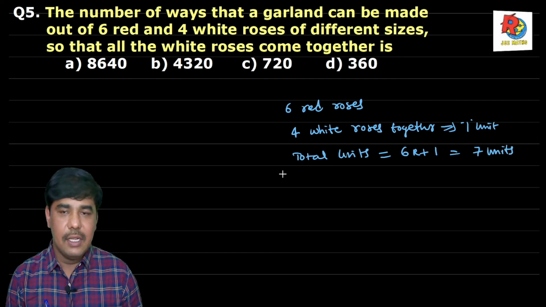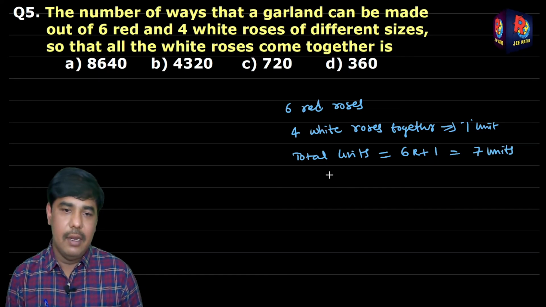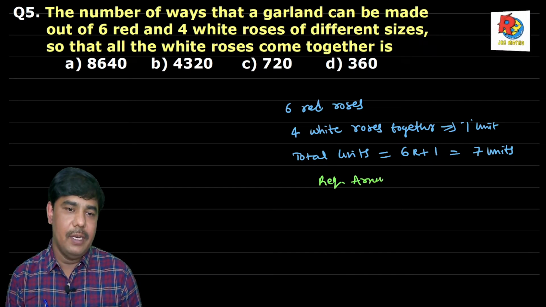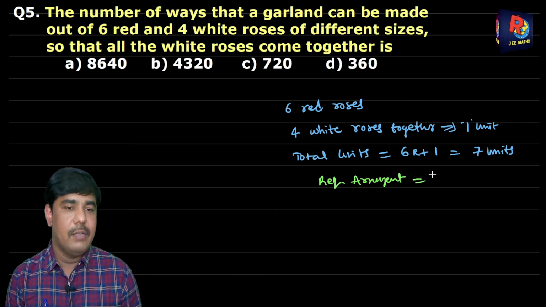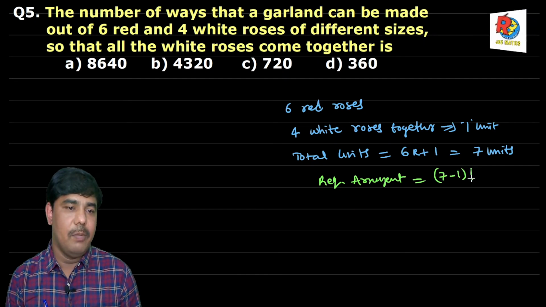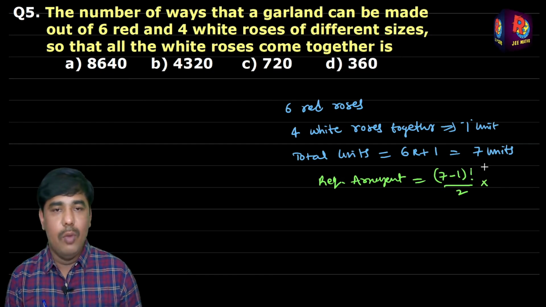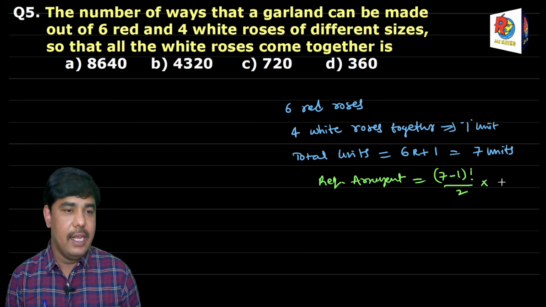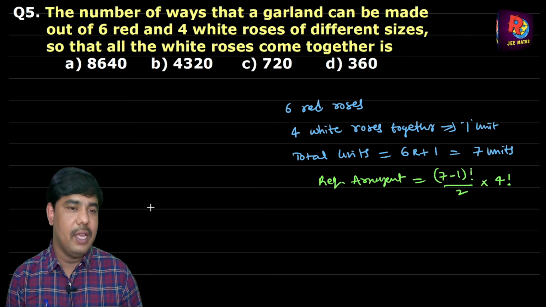So therefore it will be 7 units. 7 units will be arranged in a garland. Therefore required arrangement equals, garland means, 7 minus 1 factorial by 2. And here one more thing you need to remember, 4 white roses arrange themselves. So 4 factorial ways we can arrange.